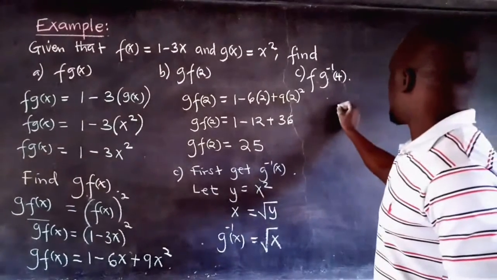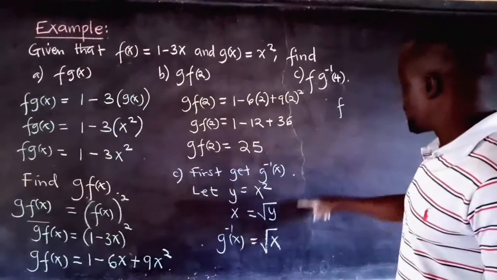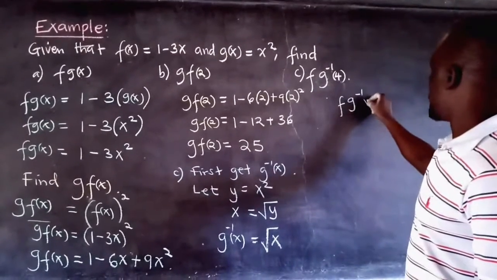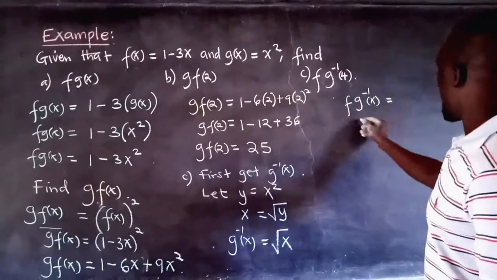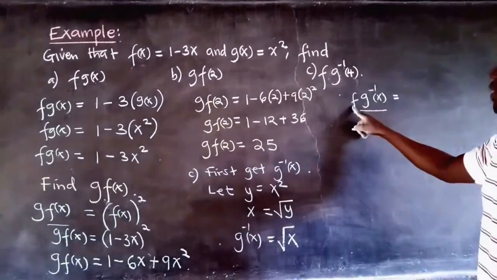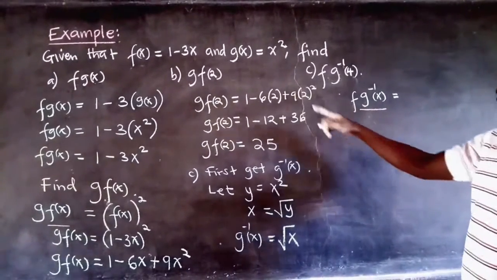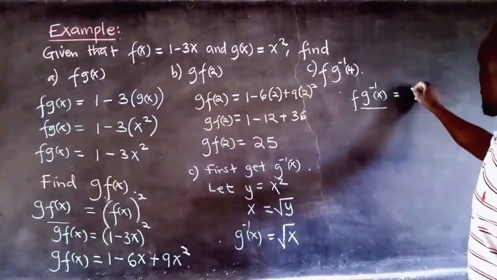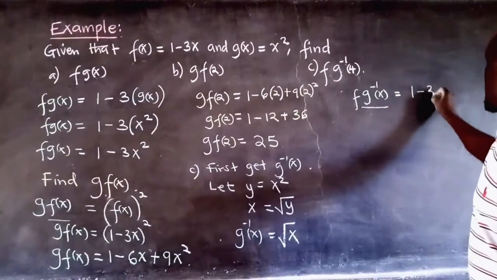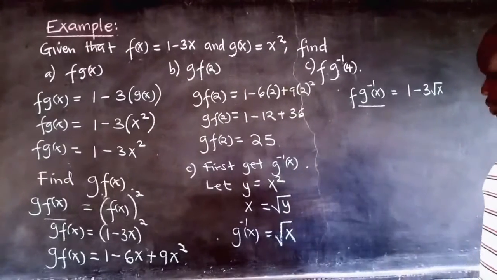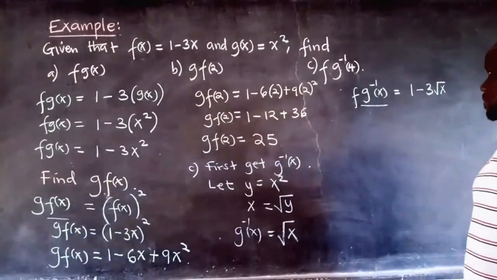So f g, continuation from this, gives you f g inverse of x, as to means you're getting this g inverse of x and putting it in the function of f. The function of f was 1 minus 3x. So we shall have 1 minus 3 into root of x. Where there's x, we put square root of x.